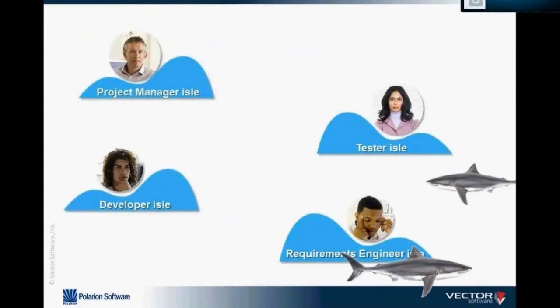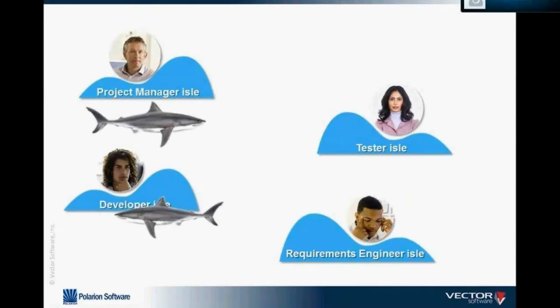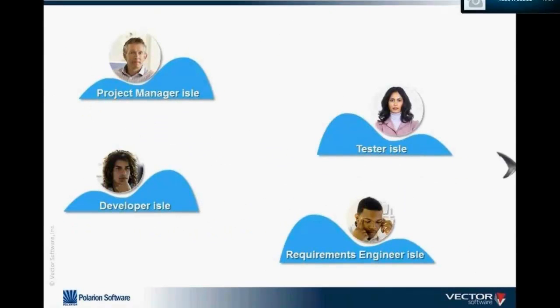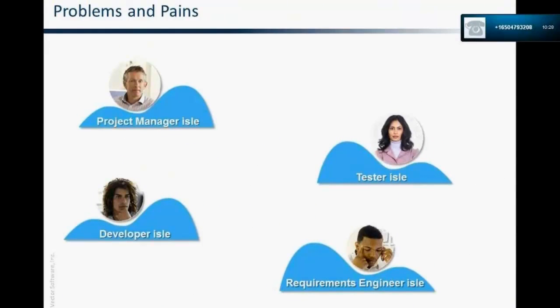In the past, when we heard about ALM, we saw there were a lot of islands for different types of users. Managers had their programs, testers had their programs, requirement engineers, developers, everyone had their programs to do their daily work. And it was really complicated to work together. And for this, you had to build bridges to the different islands to work together.